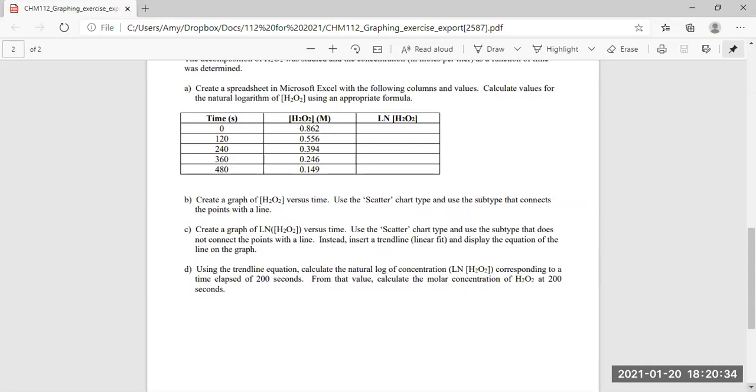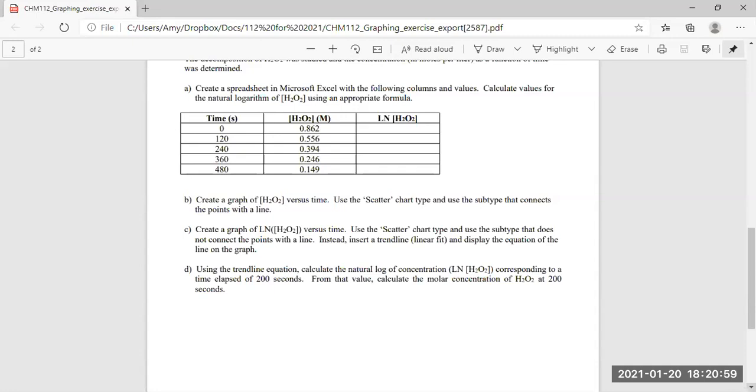Take the natural log of each of those 5 data points. You are going to generate 2 different graphs. Now, for the first graph, you want time across the horizontal axis, your x-axis, and you want molarity up the side.